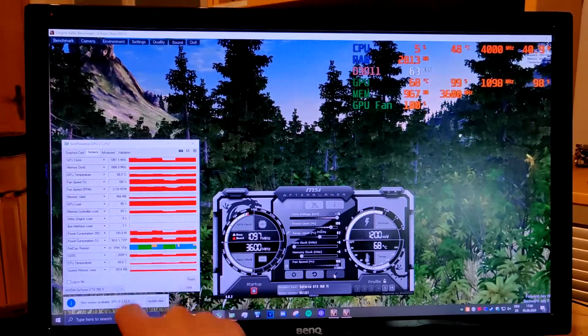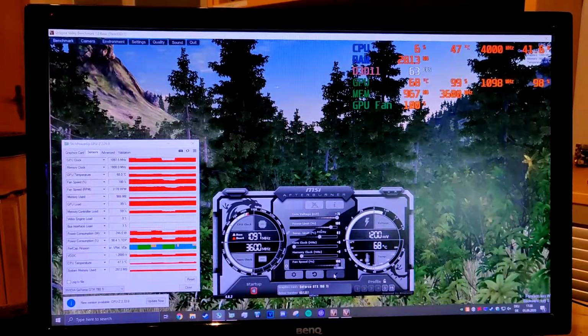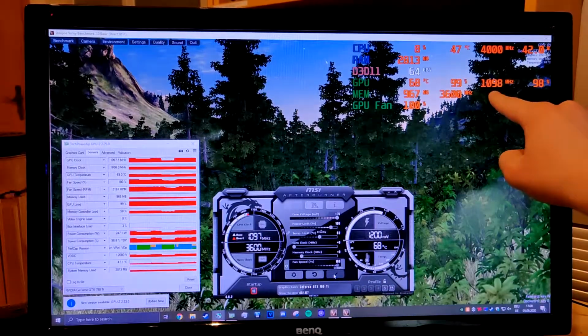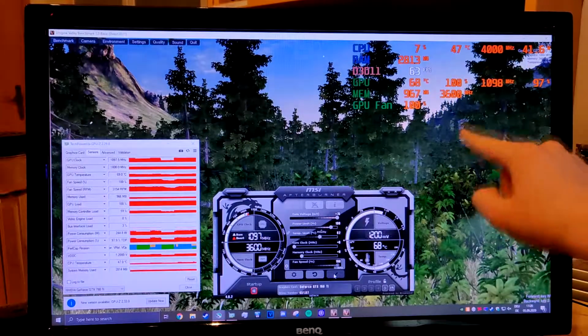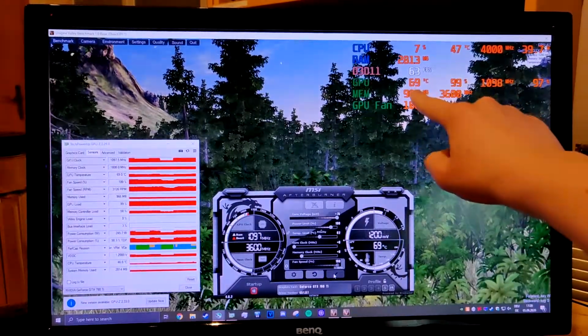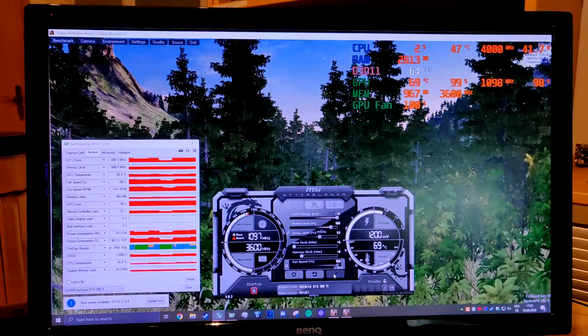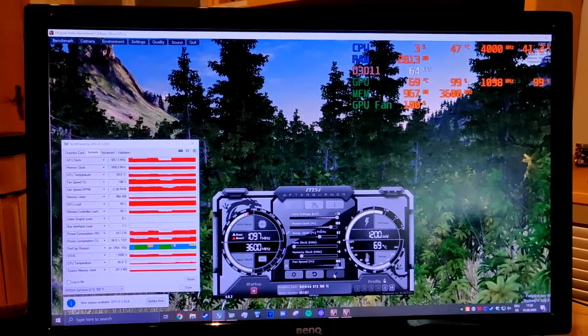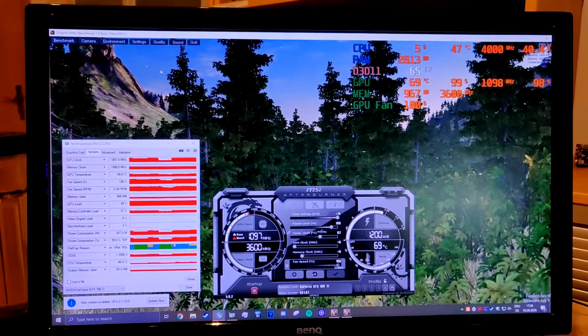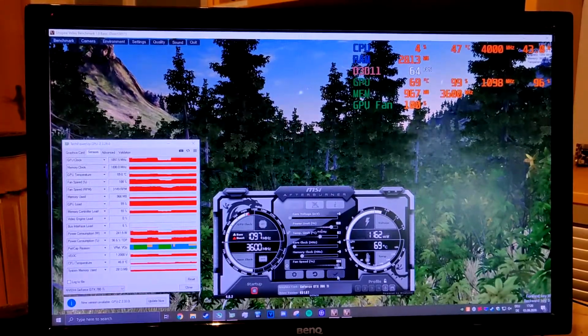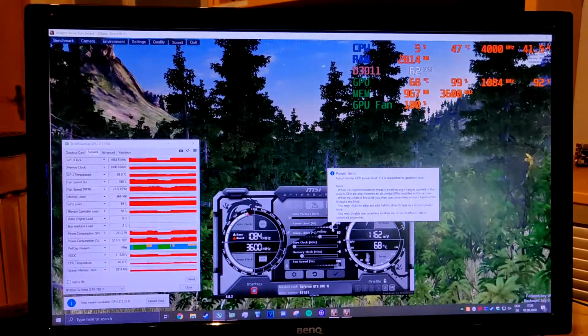We got 15 watts more with the extra voltage. And yes, we did get some extra clocks, but because we just increased the voltage, the card is getting hotter. You see we are closing in on 70 degrees. If it gets hotter, the clock will go down again. But that's just the demonstration.